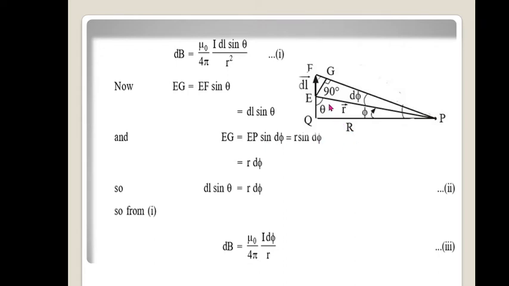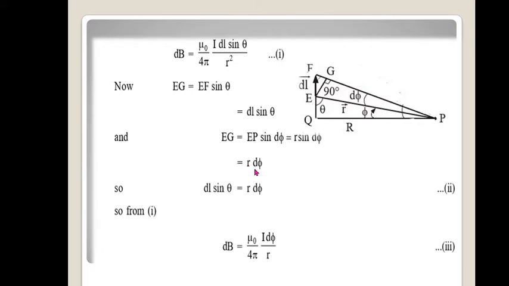Now EP is the length from E to P, which is r, so Ez is equal to r sine d phi.